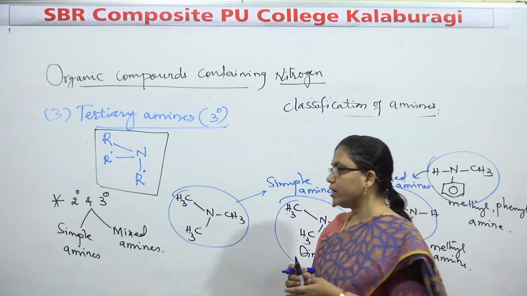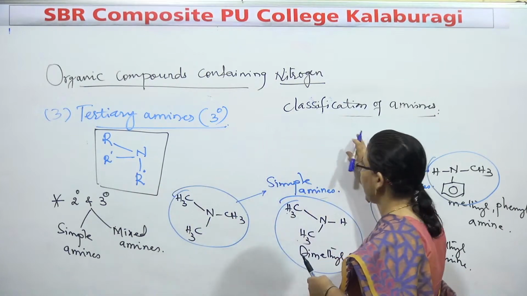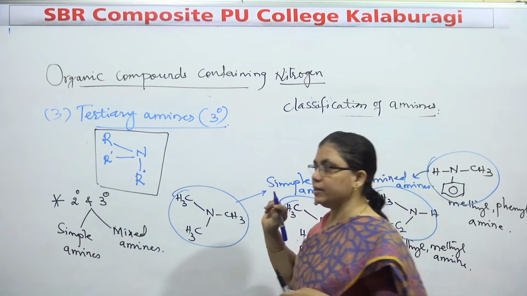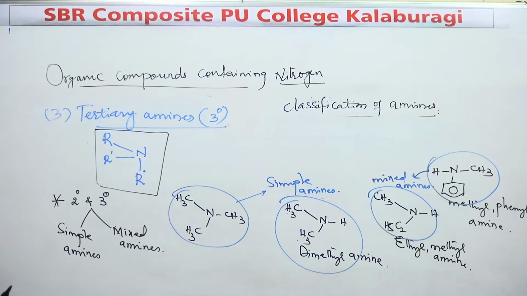If they are the same, they are called simple amine; if different, mixed amine. So amines are classified on the basis of the number of alkyl groups or aryl groups.